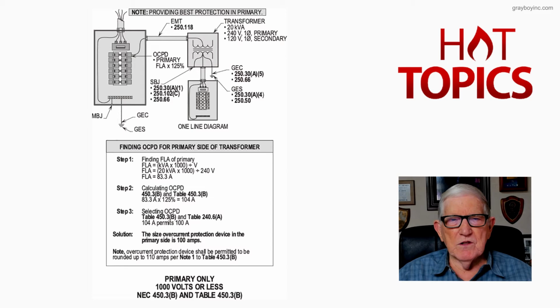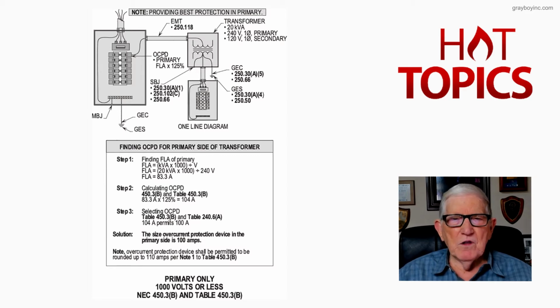So we use 125% times 83.3, and we come up with 104 amps. I just rounded it down to 100 because the next size, as you see in the note below the solution, would be 110 amps. Kind of an odd size, so we just kept it at 100 amp.